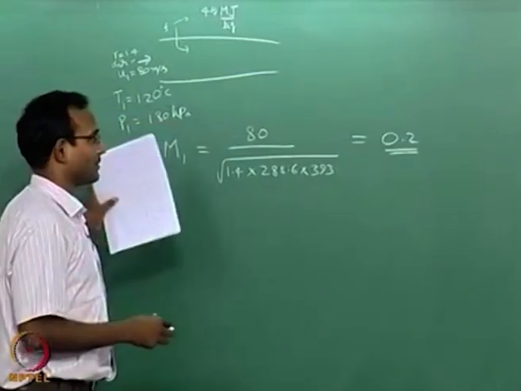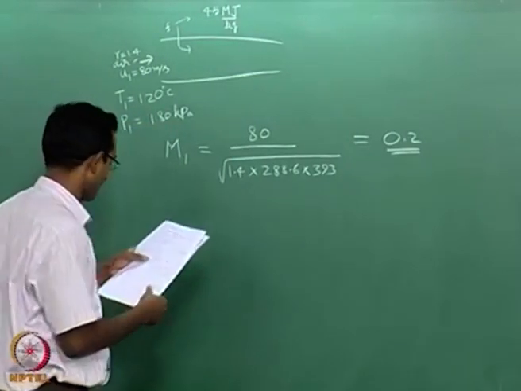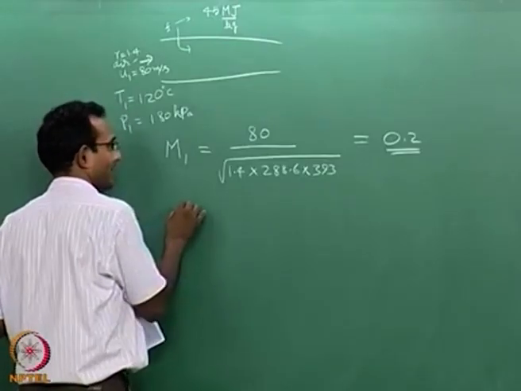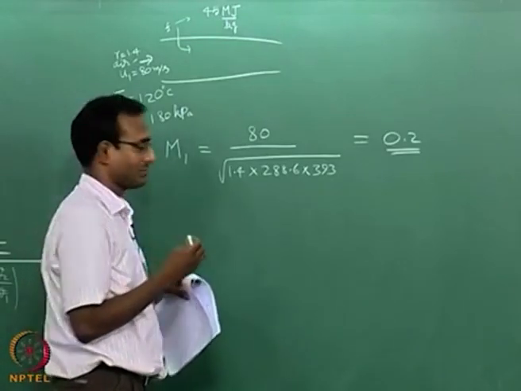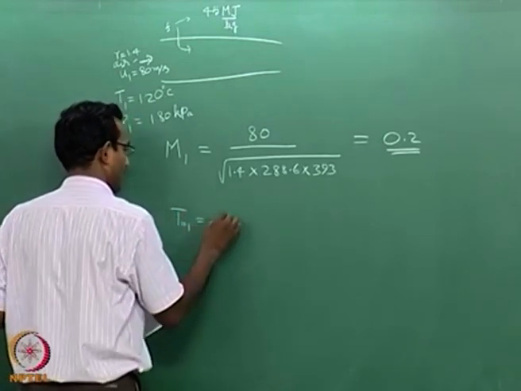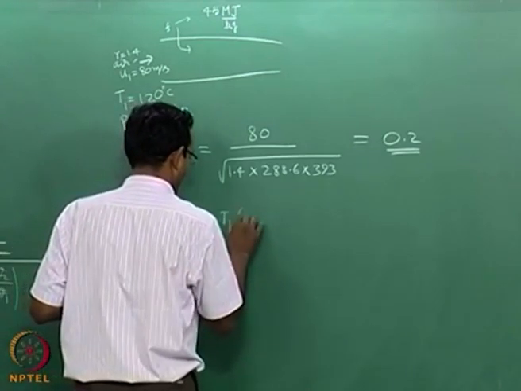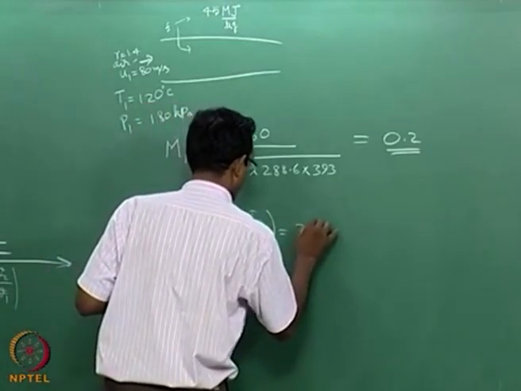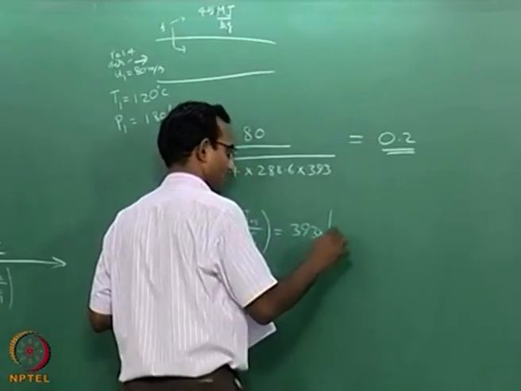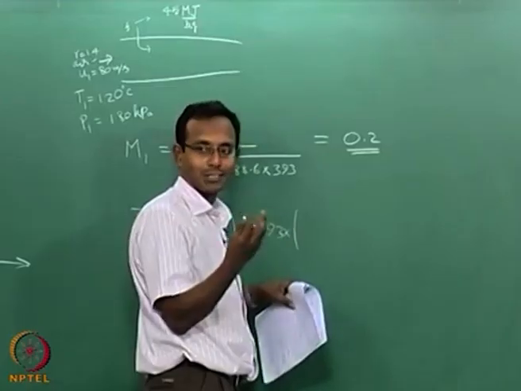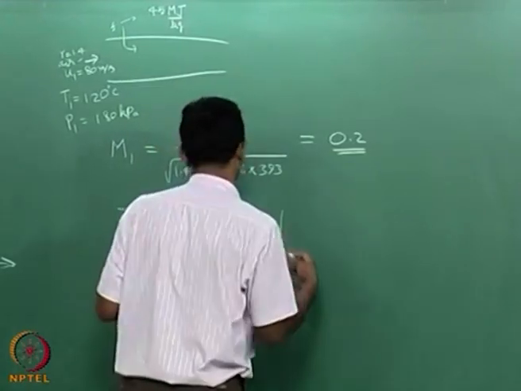Okay. So I picked a number such that it gives a nice number finally. Anyways, I need to find T naught 1 from here, because we want T naught star. T naught 1 is equal to T1 times T naught 1 by T1, which is 393 into 1 plus (gamma minus 1) by 2 M squared, or I will just look up my isentropic tables for that Mach number.